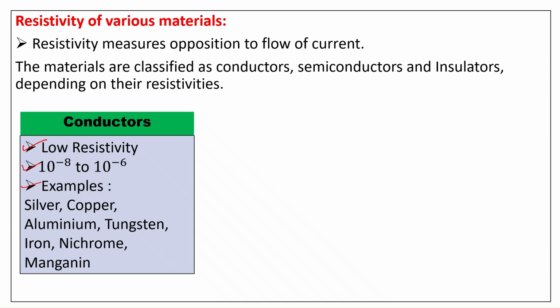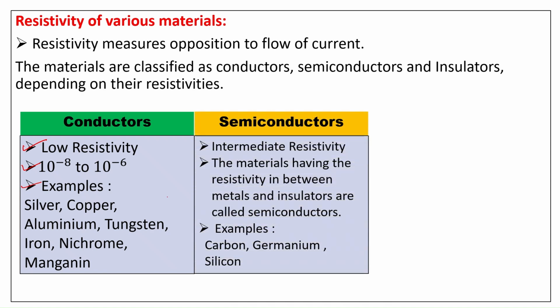Next, semiconductors. Semiconductors have intermediate resistivity. The materials having resistivity in between metals and insulators are called semiconductors. Examples are carbon, germanium, silicon.